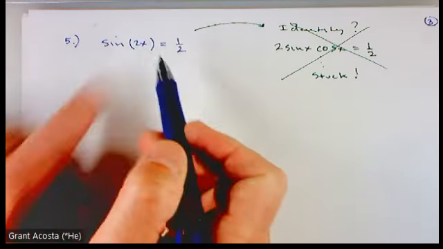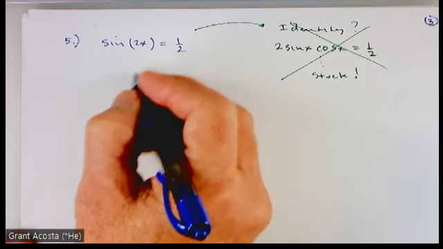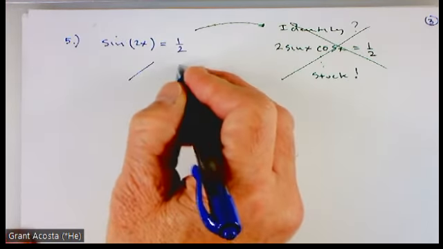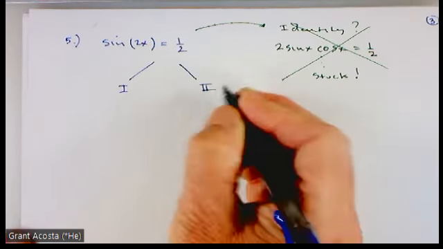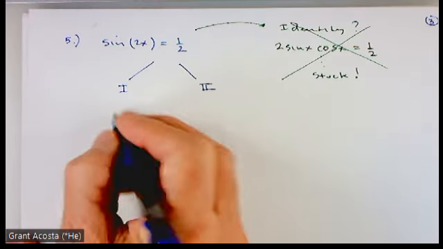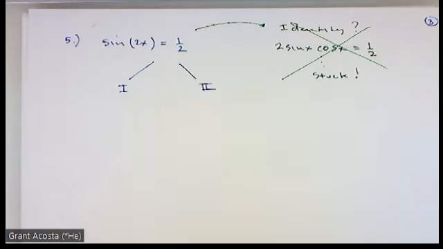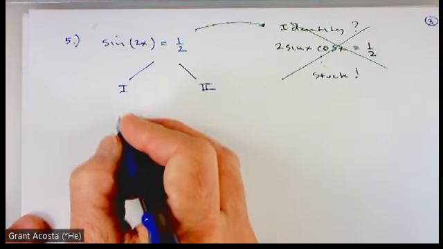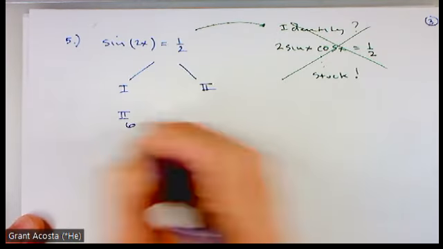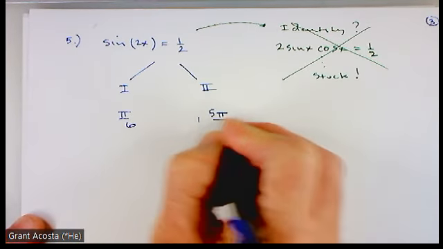If you were trying to find where sine is equal to 1/2, we just did that on the previous problem. That can happen in the first or the second quadrant. Just to save time, you'll recall sine of x equals 1/2 at pi over 6 and 5 pi over 6, pi over 6 in the first quadrant, 5 pi over 6 in the second quadrant.